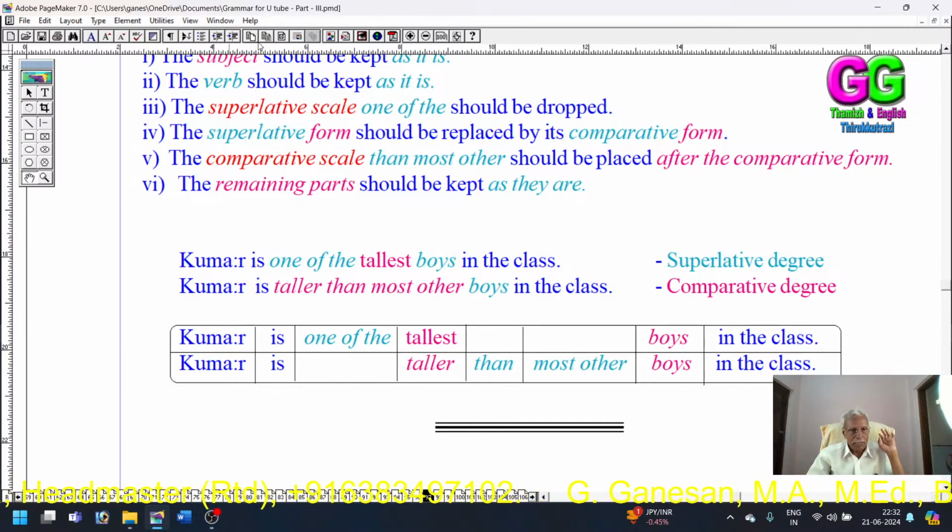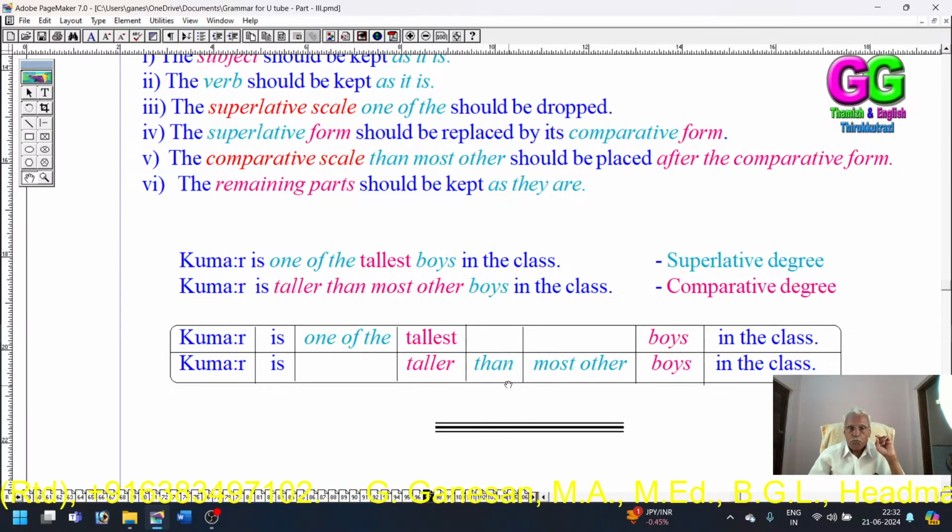Again, first, there is no change in the subject, so no change in the verb. Secondly, the superlative scale, one of the, is dropped. Thirdly, the superlative adjective tallest is replaced by its comparative taller.